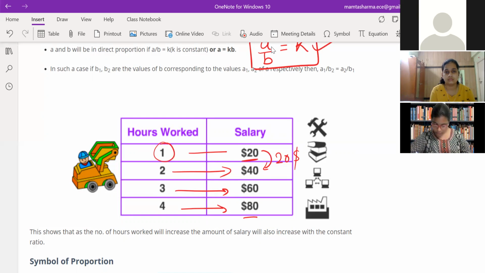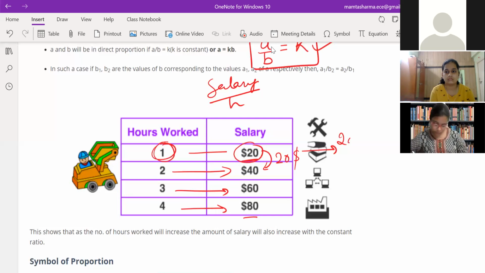When you take the ratio of salary to hour, it will remain constant for every hour. Let's check whether it is constant or not. We'll check the ratio of salary by hour.